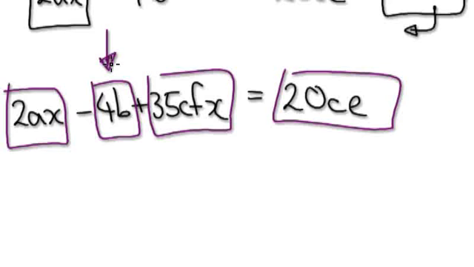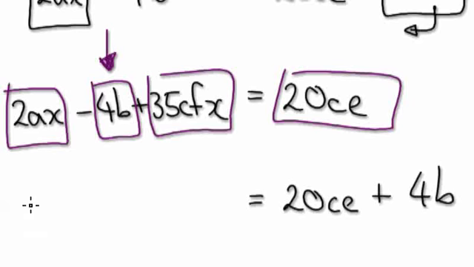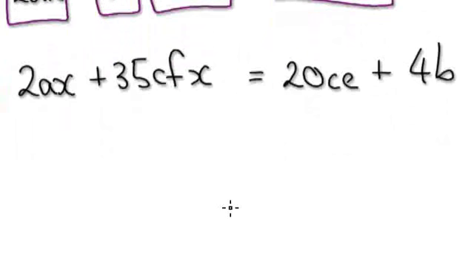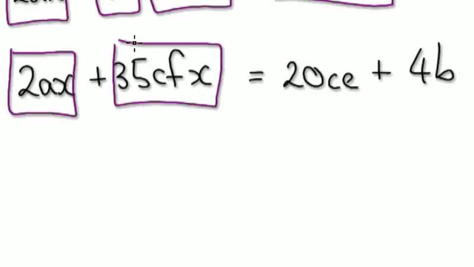Let's move this one across because this is classed as rubbish. It doesn't contain x. So add 4b to both sides. So you have 20ce plus 4b, and on this side you have 2ax plus 35cfx. Now you can see all the x's are on one side.